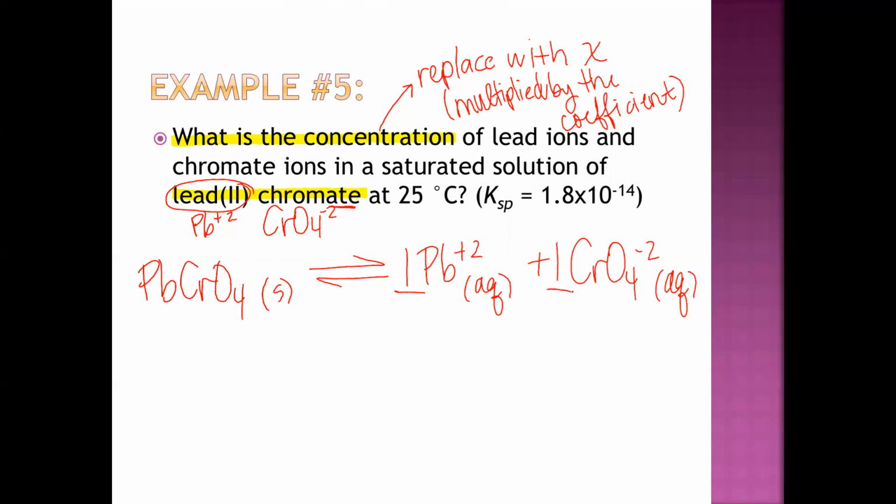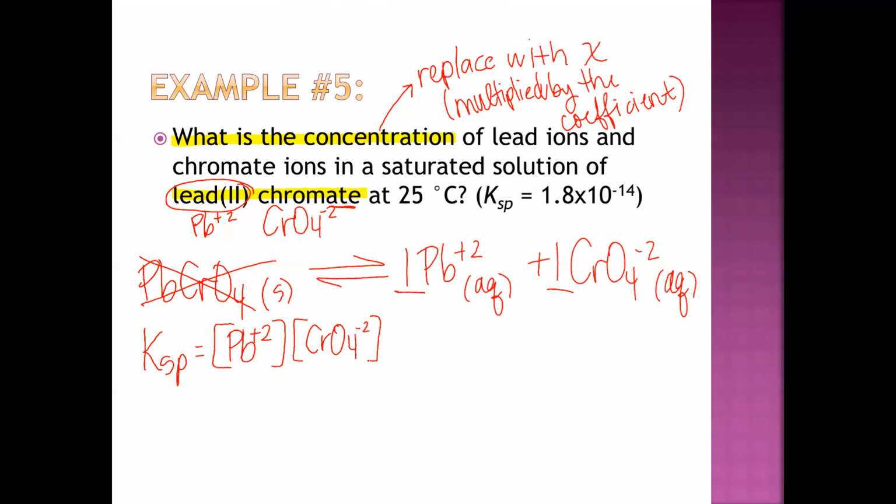Okay. So now, for our Ksp expression, we don't include the solid. The solid is just there to make sure we balance it correctly. But we're just going to include the 2 ions. So it's going to be the Pb plus 2 in brackets for the concentration. And we don't need a charge because it is a coefficient 1 times the concentration of the CrO4 minus 2.